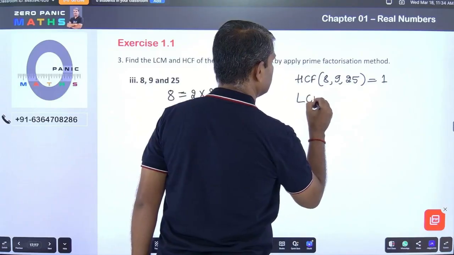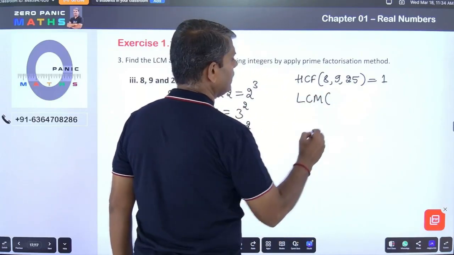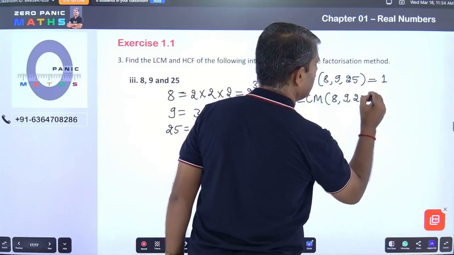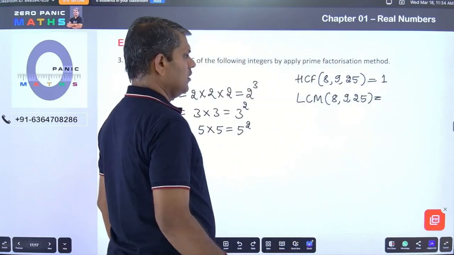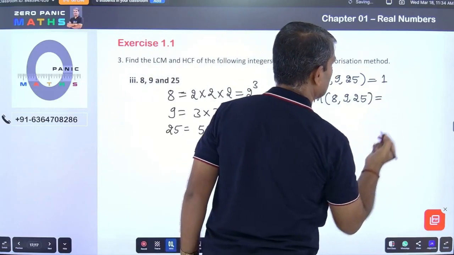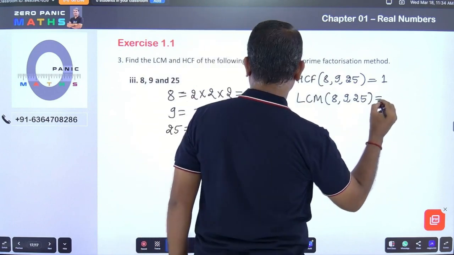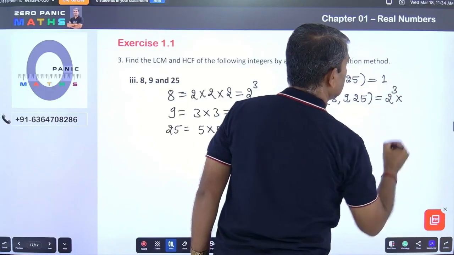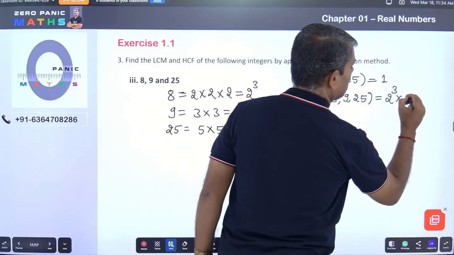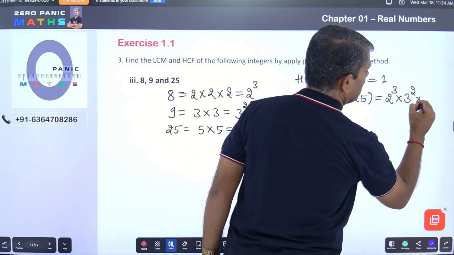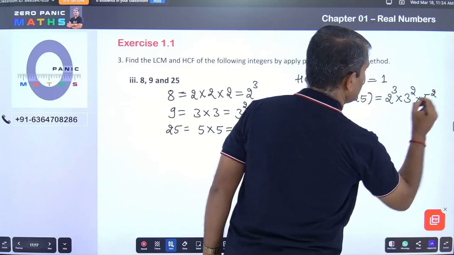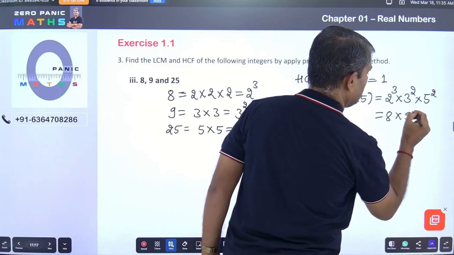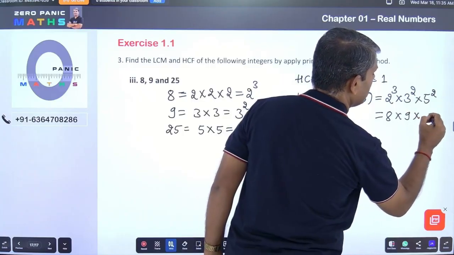LCM of 8, 9 and 25 is actually the multiplication of all the factors with highest powers. It is 8 multiplied by 9, it is actually the numbers only, 25.